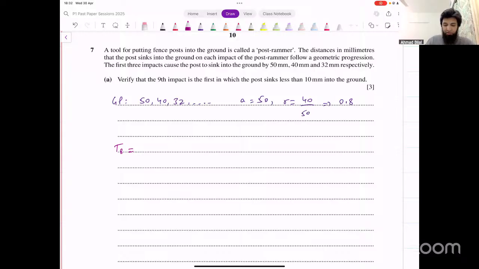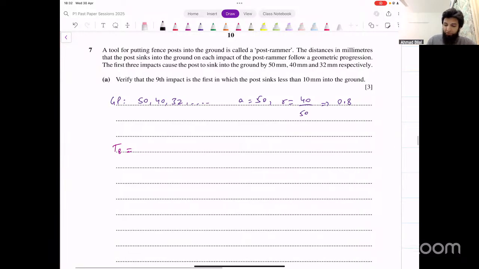How do you find the 8th term? It's a GP. The nth term formula for a GP is given by this. We can say T8 equals a, which is 50, into r, which is 0.8, raised to power n minus 1, so that's 7. And that will give you some value. Can anyone tell me what this value is?